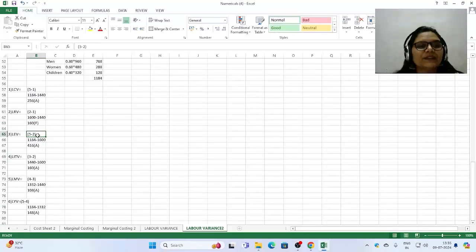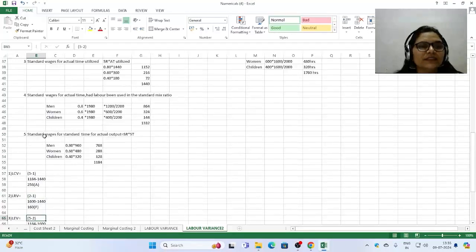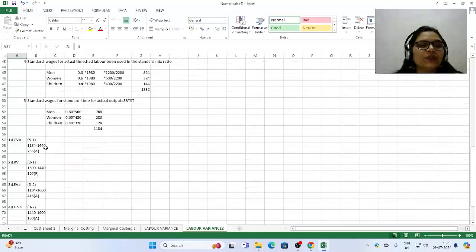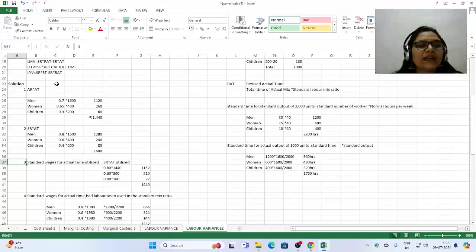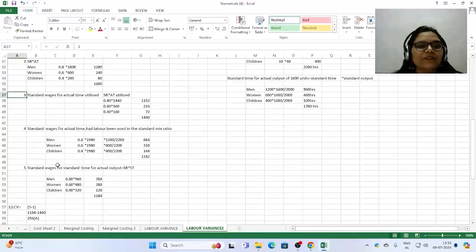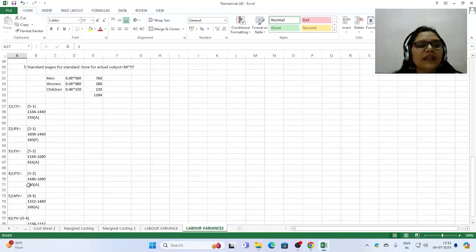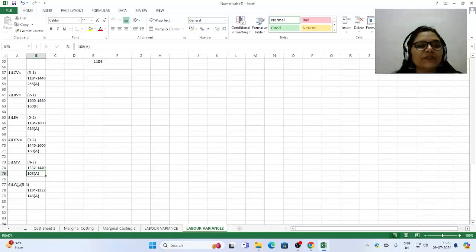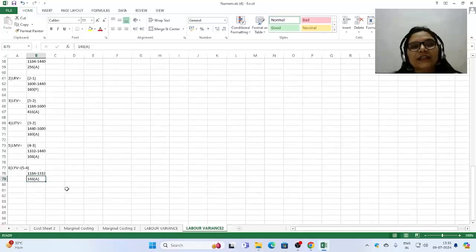For this selection of 5, 4, 3, 2 or whatever equation we are selecting, we need to see the formula and see what is required in the formula and we will input these values. Labor idle time variance 160 adverse, mix variance 108 adverse, yield variance 148 adverse.